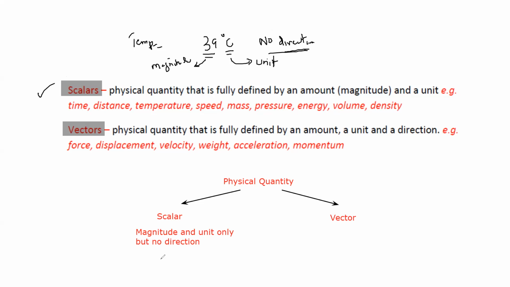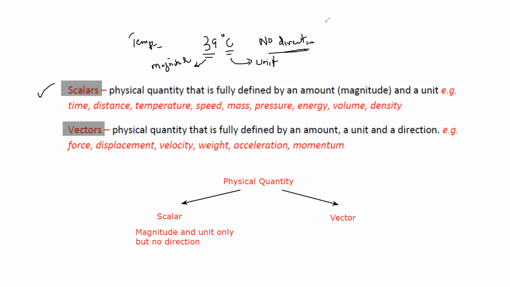Is the concept of a scalar quantity clear? A physical quantity means a quantity which we can measure. But if a quantity has a number only and a unit only, but no direction, we call that a scalar quantity.